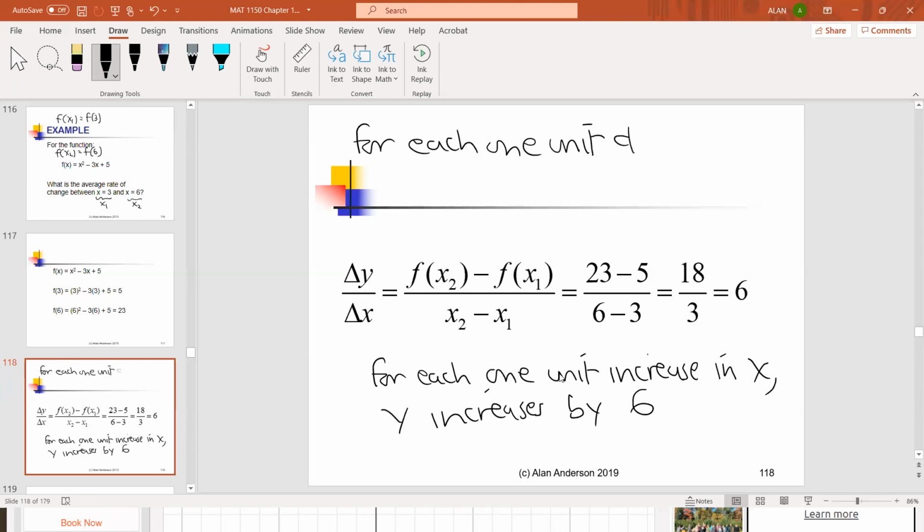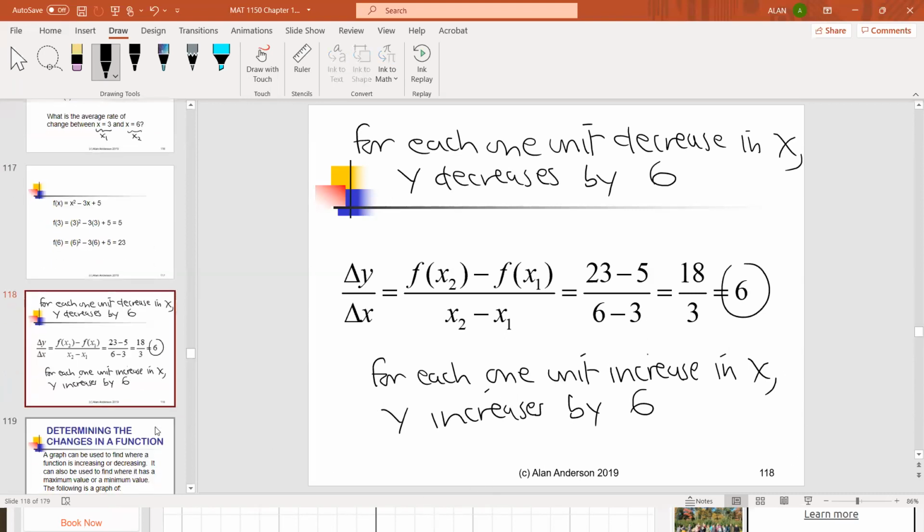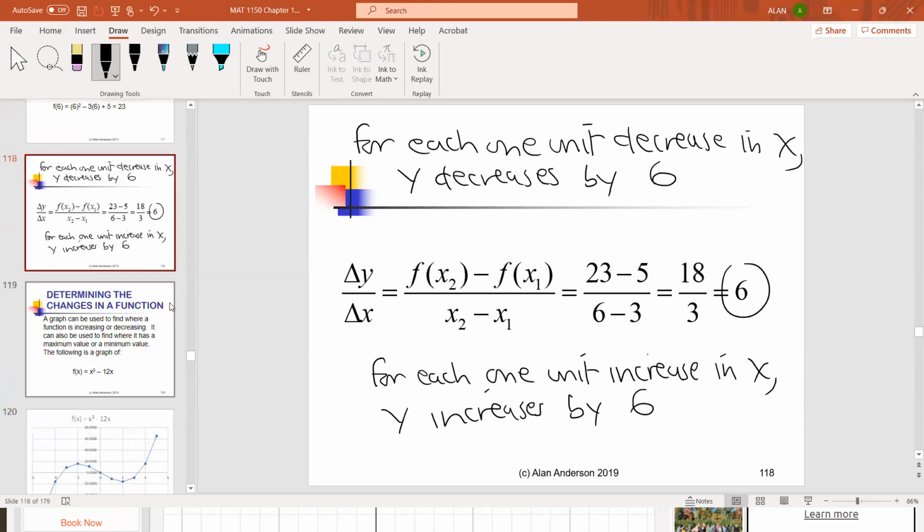For each one you decrease in x, y decreases by 6. You have to go in the same direction because the slope is positive. And if x goes up by 2, for example, y goes up by 12. Okay, so that's what this is all about. That was pretty straightforward.